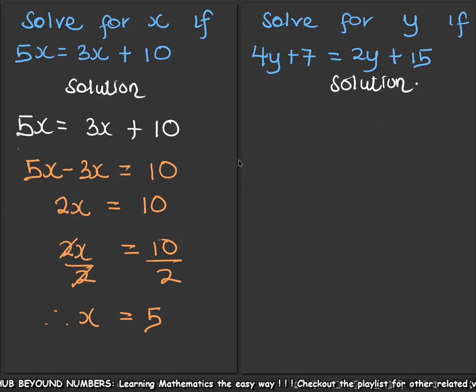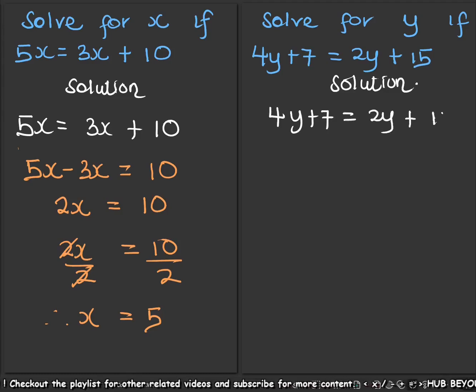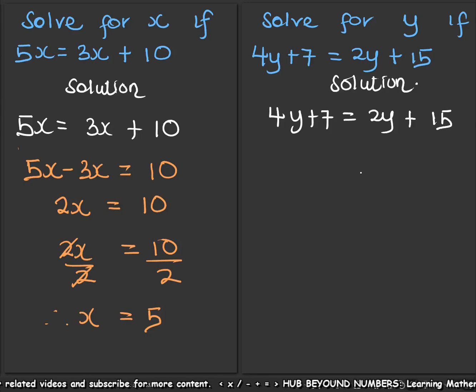Okay, so the question here is actually going to be our last one. I'll give out some exercises so you try the rest on your own. Our solution: we have 4y plus 7 being equal to 2y plus 15. You see, and this looks like what we just did over here. So make sure all terms containing your variable are at one side.